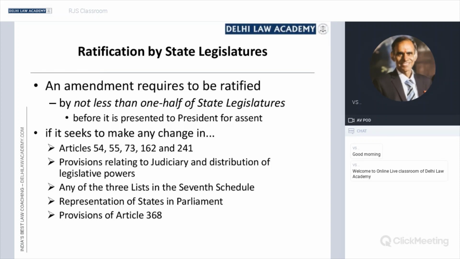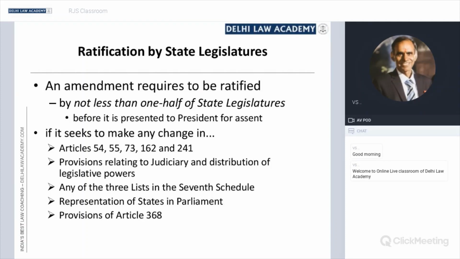Any amendment to these provisions requires this special provision, and this special provision says that before the bill is presented to the president for assent, which means after it is passed by both houses of parliament, but before presenting to the president, the bill has to be sent to all the state legislatures, and it needs to be ratified at least by 1/2 of state legislatures before it can be presented to the president.